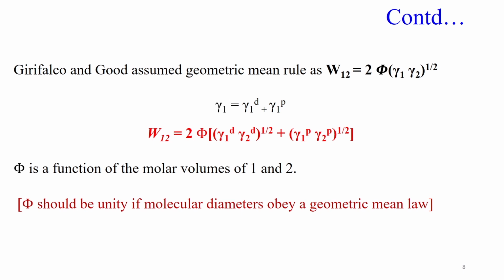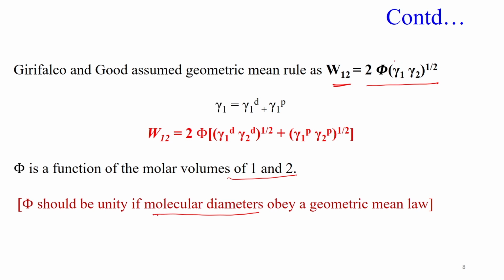Girifalco and Good assume the work of adhesion as a geometric mean of the two surface tensions. So, W12 is equal to twice phi, gamma 1 gamma 2 to the power half. Here phi is a function of the molar volume of 1 and 2, and if the molecular diameters follow the geometric mean, then its value is 1.